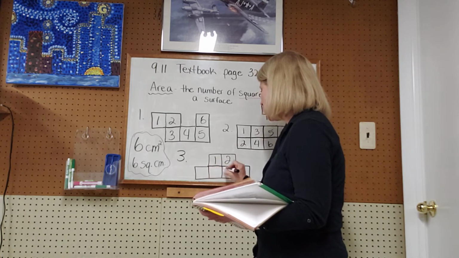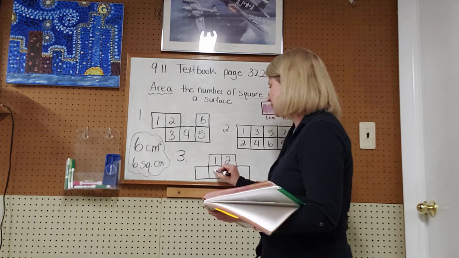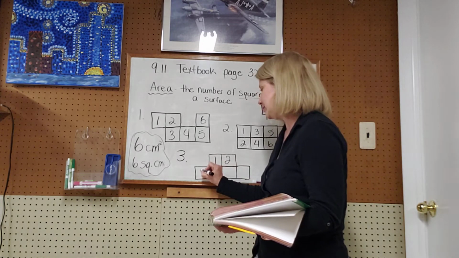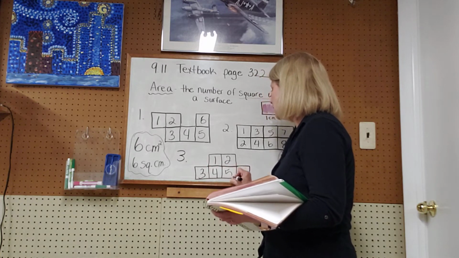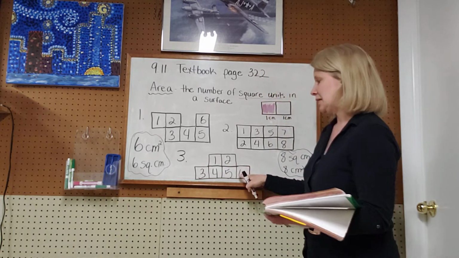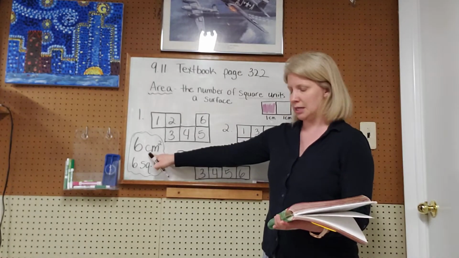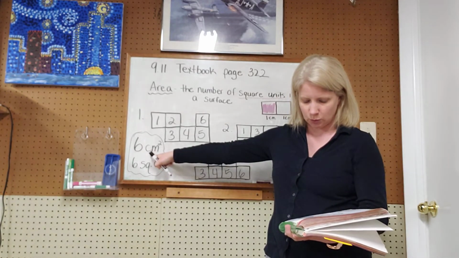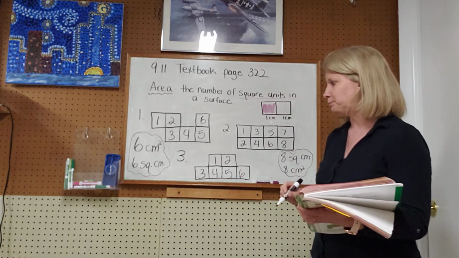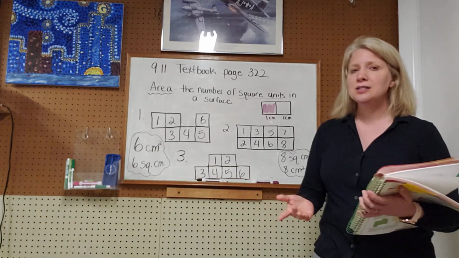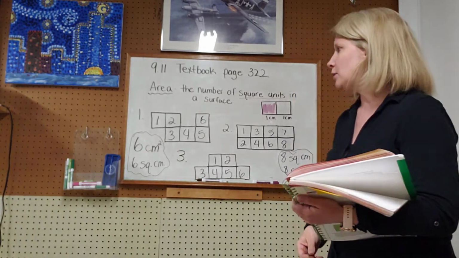And then you should have been able to get 4 out of the bottom. So 2 on the top, 4 on the bottom would give you 6. And the answer for number 3 would also be 6 square centimeters. So basically, friends, you're just breaking it up into those squares.